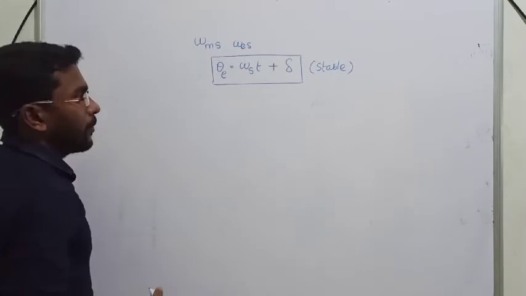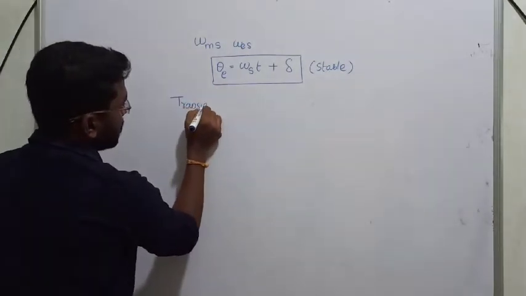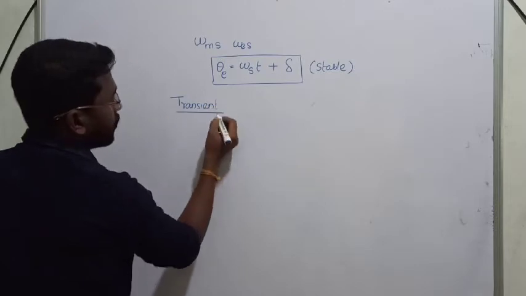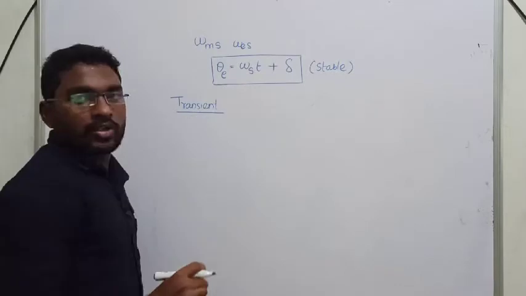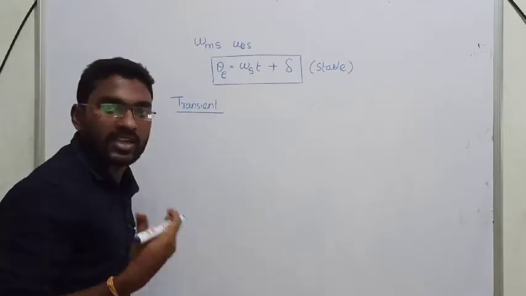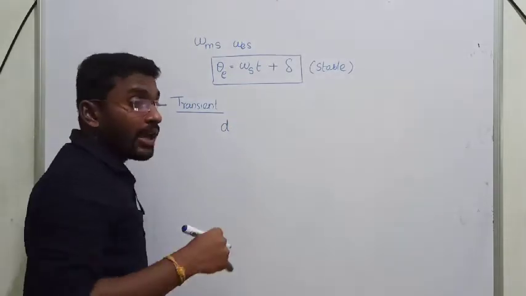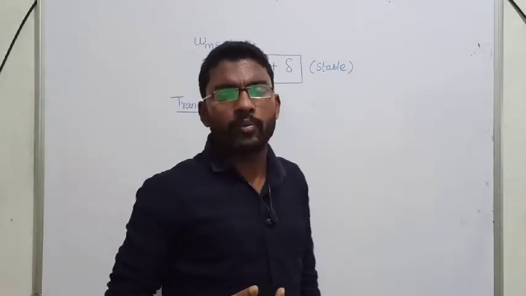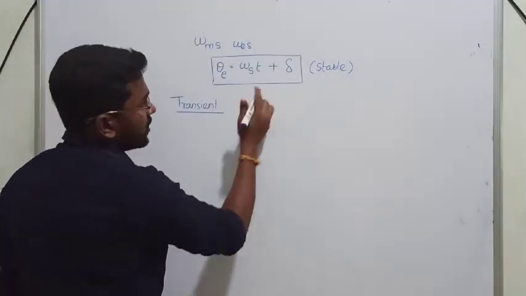Now, what will happen whenever your system undergoes a transient state? There will be some changes in the speed of the system, so the angular displacement, my electrical angle θ, will change. Due to the acceleration of the machine because of the large disturbance, new changes will appear.